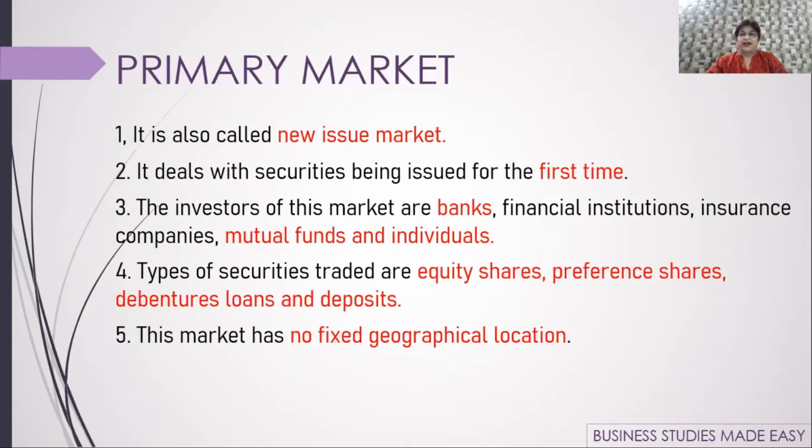You can also go directly buy shares of the company, debentures, any security of the company. And the securities traded are equity shares, preference shares, debentures, loans, deposits, etc. And it has no fixed geographical location. These are the features of the primary market.